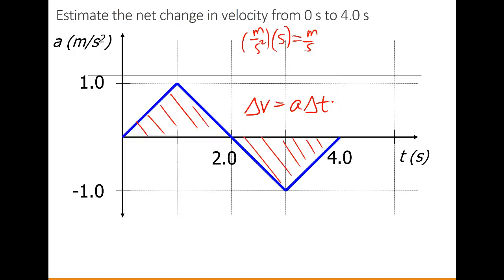And we can break this up into chunks. And basically we have two triangles that have equal areas. So the total area is going to be equal to 0. We have a triangle right here that has a height of 1 and a base of 2, so it's got +1 area. And another triangle that has -1 area, so it's a total area of 0. So the total change in velocity over this entire 4-second run is going to be 0. It doesn't mean that the velocity isn't changing, it's just that the net change in velocity will be 0.